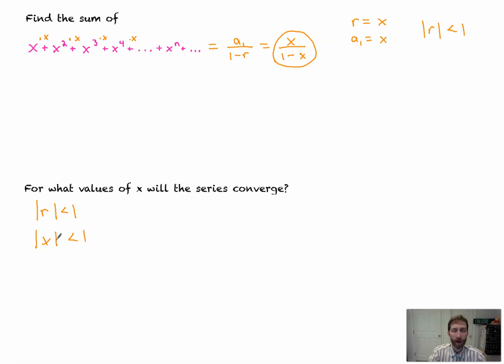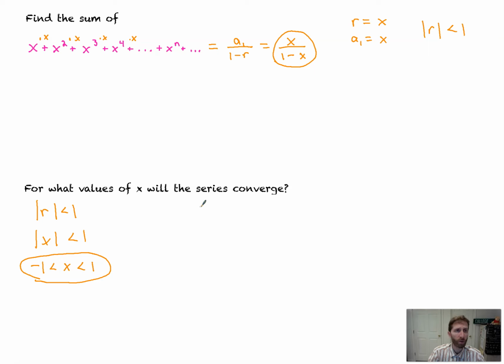If the absolute value of something is less than 1, that means we're between 1 and -1. We're not going to include the endpoints, because if we did, x would be 1, and that would be a diverging geometric series. This is known, believe it or not, as the interval of convergence; we'll go over this far down the road in the next chapter. It's the interval over which all x values we plug in will converge. So if I use 1/4 in here, we'd converge. But if I used 5 for x, we would diverge.